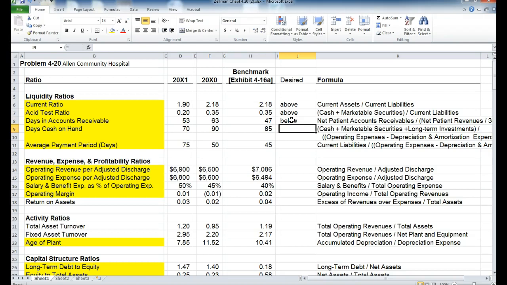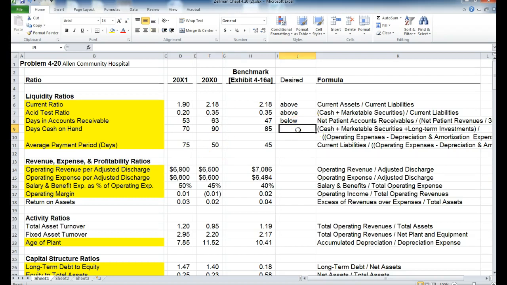I would want to be paid in 47 days. So here we can say that Allen Community Hospital has a problem collecting their receivables or turning their receivables into cash, and in year 2000 they were well above the benchmark at 63 days, but they've shown dramatic improvement down to 53 days, so they are now only 5 days above the benchmark, so they've done some good work there.